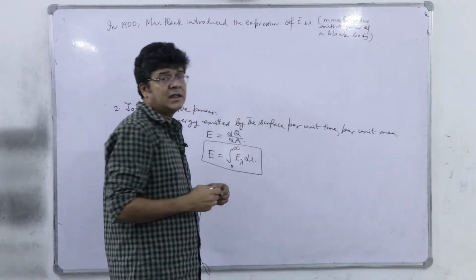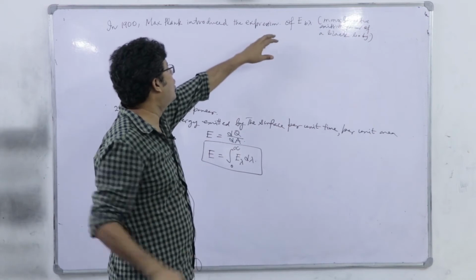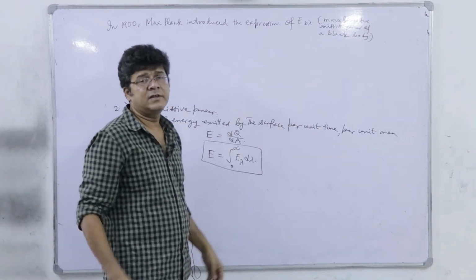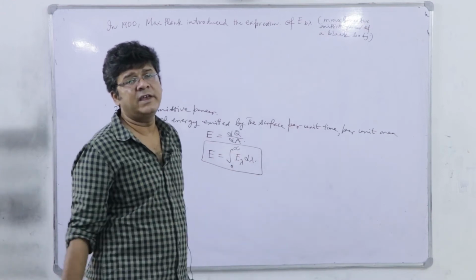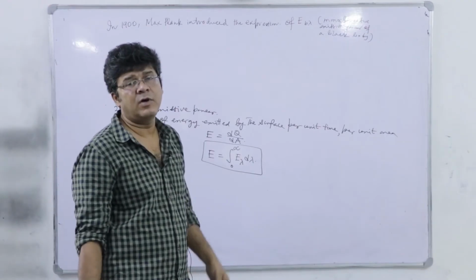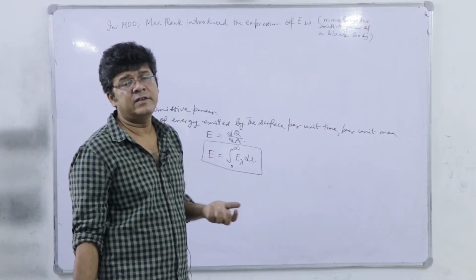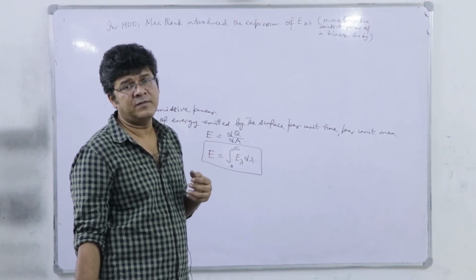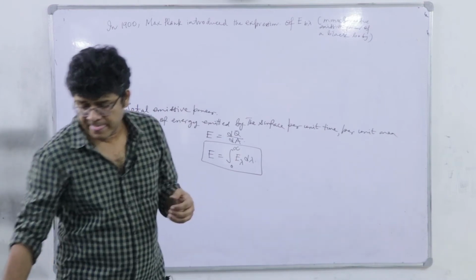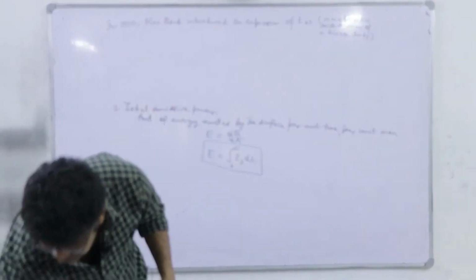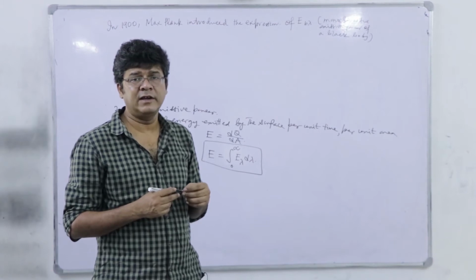Theoretically, it has been calculated, and in order to do so, he introduced the hypothesis that energy is released by the system in the form of quanta, right, and each quantum's energy is proportional to the respective frequency. There were a lot of other assumptions, like these emitters are simple harmonic oscillators.